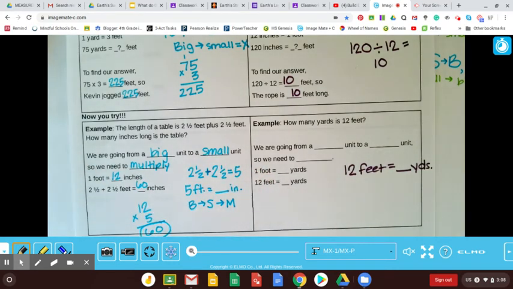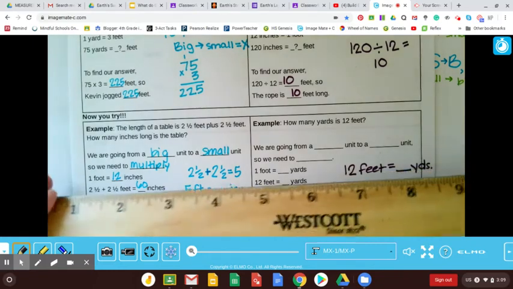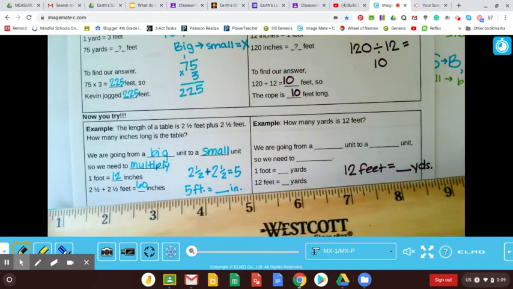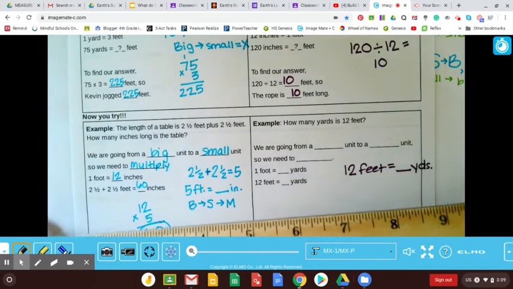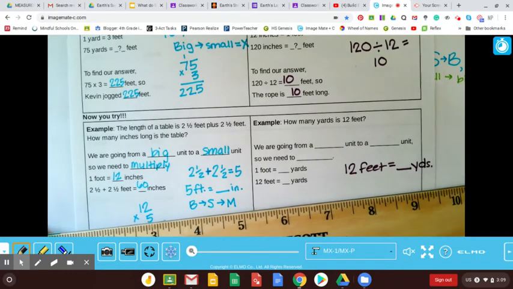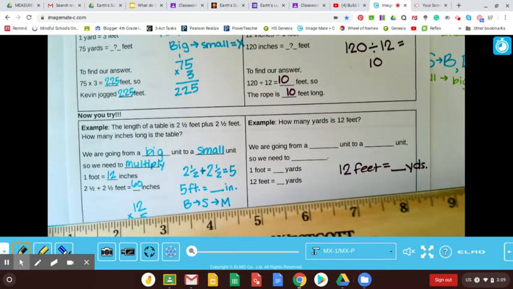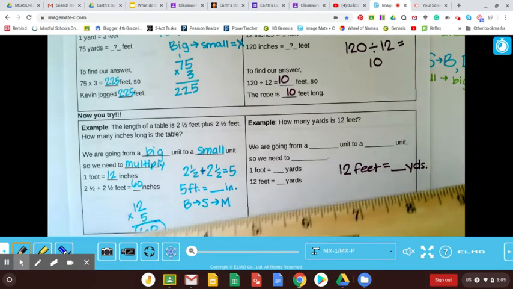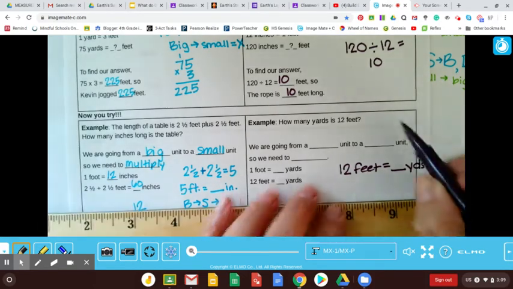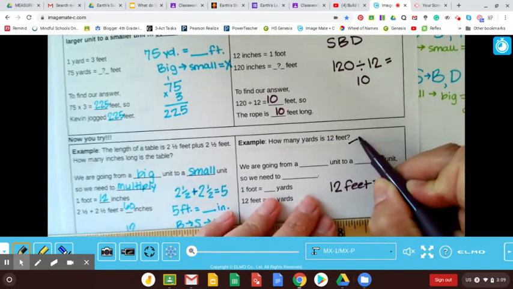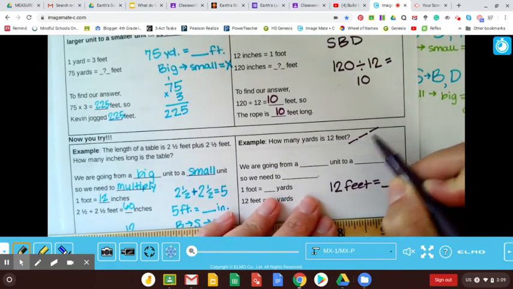Let's just think about the problem. So if I have 12 rulers, right, that would be 12 feet. Okay. Just picture that in your mind. And I'm trying to make yards out of that. Am I going to have a smaller number or a bigger number? Right? Think about it. If I have 12 rulers, well, it takes three rulers. I'm going to just draw a little picture. It's three rulers end to end would make 1 yard. So that's 1 yard.